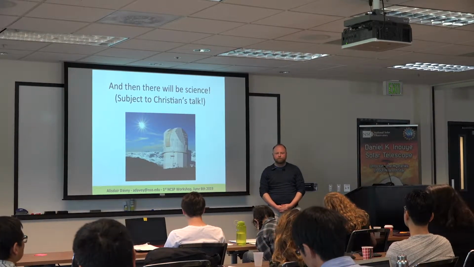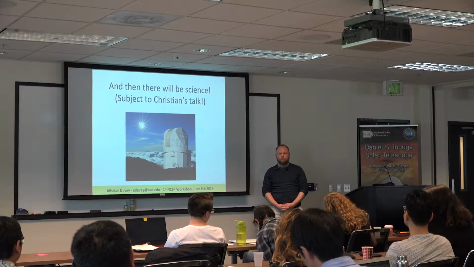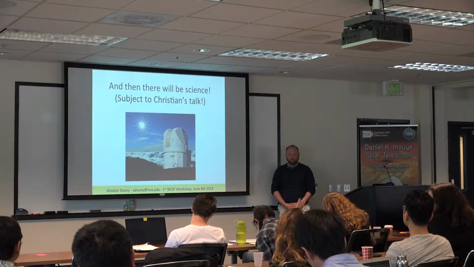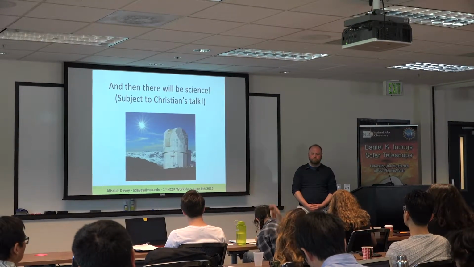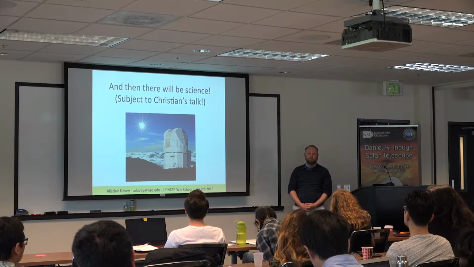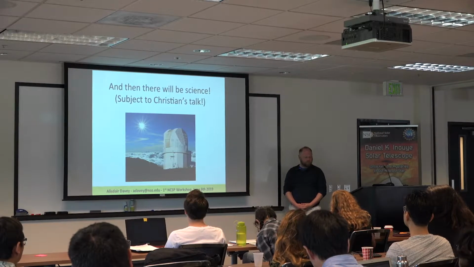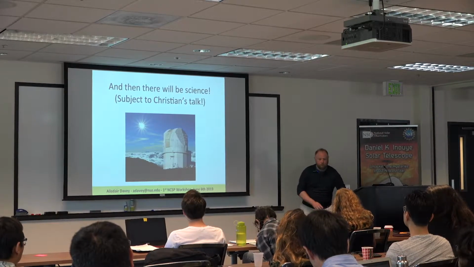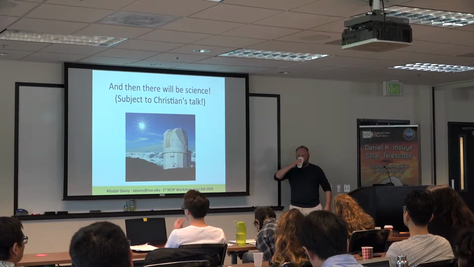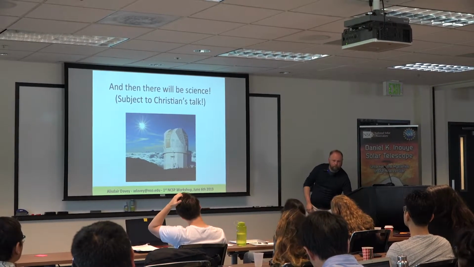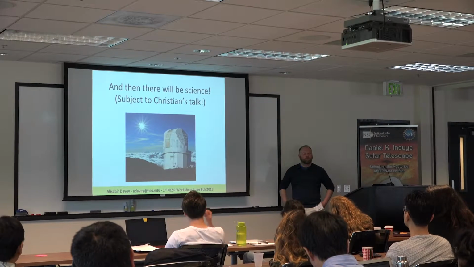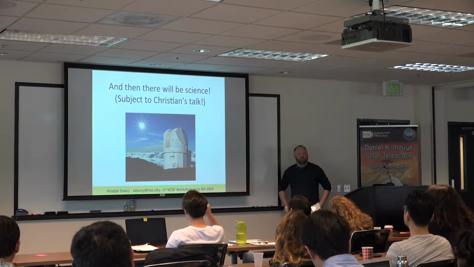Yes, ma'am? With regards to how the huge amount of data is going to be downloaded from the telescope to the data center, is it going to be in a form where automatically some bad data are deleted and only the good ones are downloaded to the data center? How is this going to work?